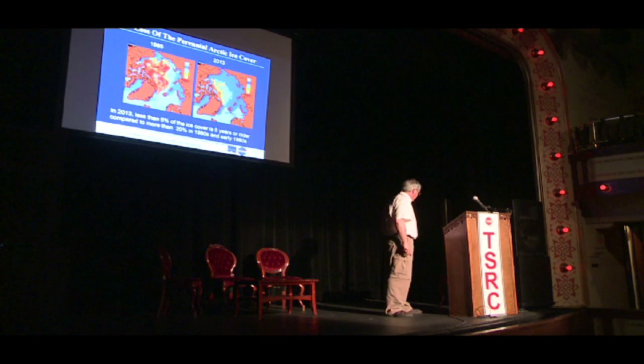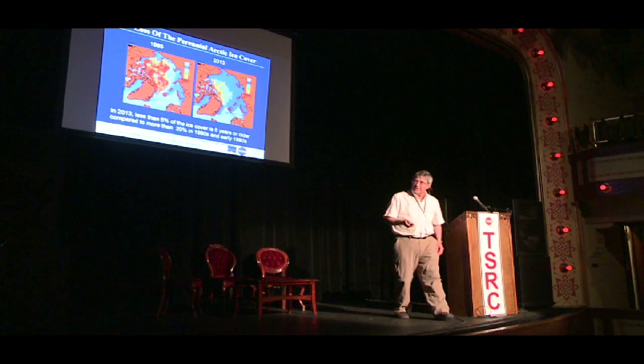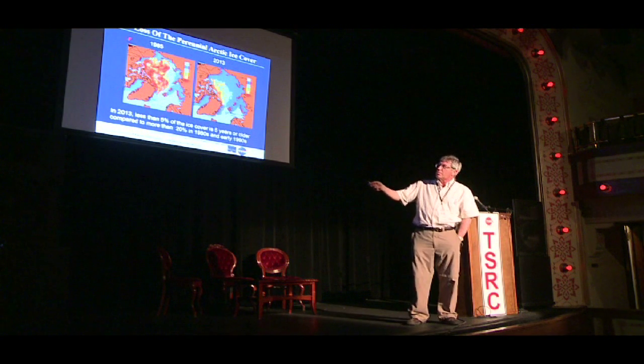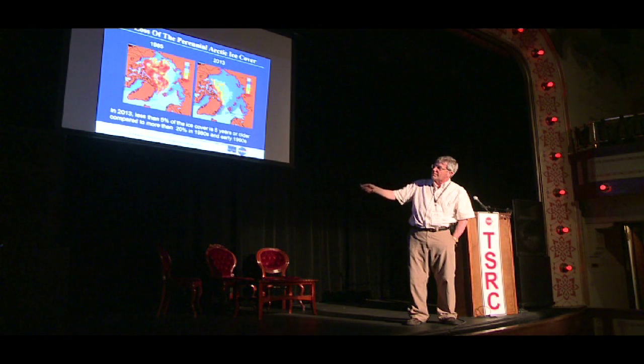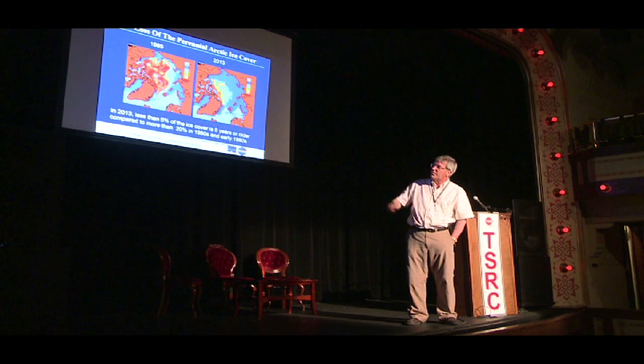What's more dramatic, in my mind, even at its maximum, is an assessment of the age of the ice. What flavor of ice do we have in the Arctic at the maximum ice extent, in the coldest part of winter? Blue is first-year ice. The next color is second. Third is green. Fourth is yellow, and fifth is red.